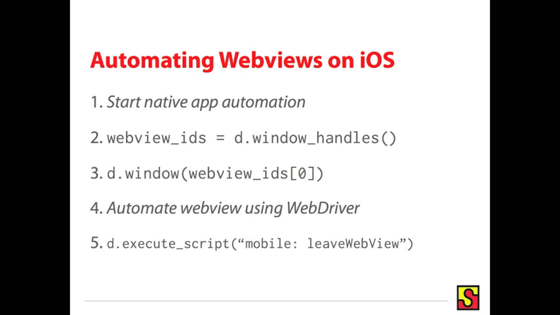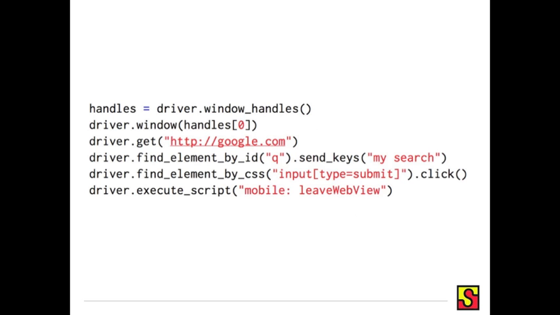So here's an example in Python code. As in the previous slide, we're first calling driver.windowHandles in order to get a list of the available web views. Then we're switching context to the first available web view. Now we can use regular Selenium commands like driver.get. We can go to Google's website.